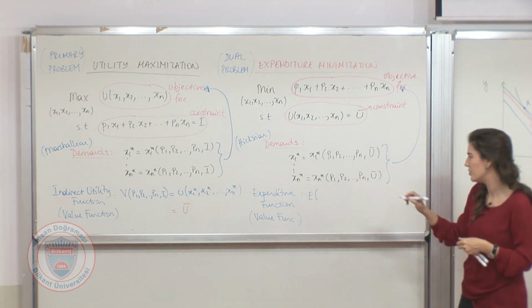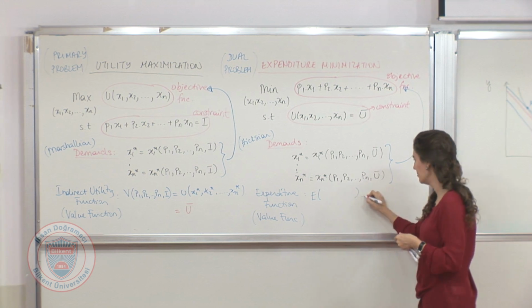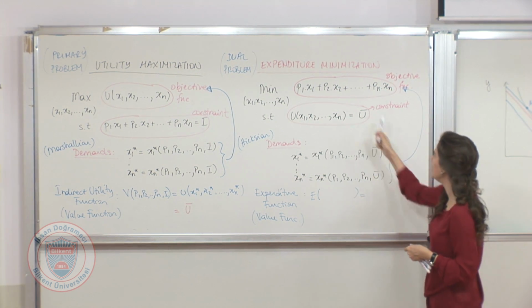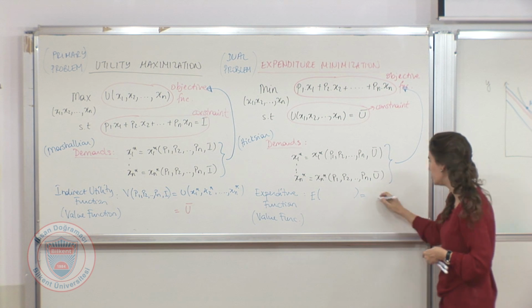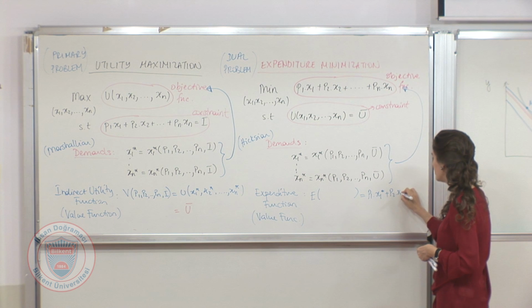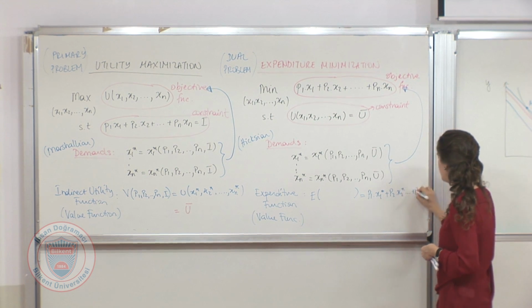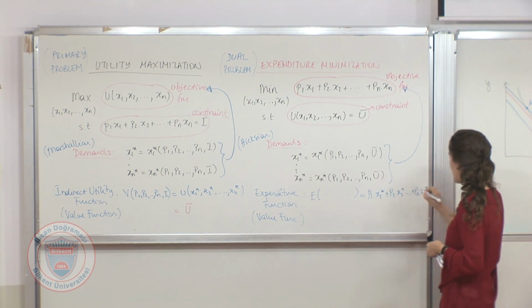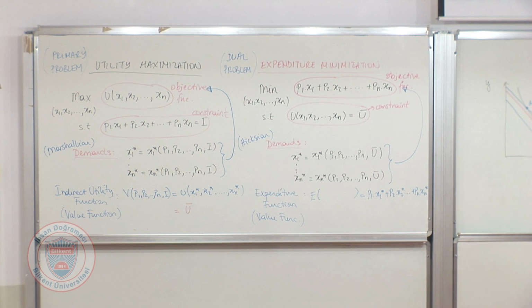So this expenditure function is what you get when you plug all these guys back into your objective function. So basically P1 x1 star, P2 x2 star, Pn xn star. Therefore, this expenditure function will be a function of what?